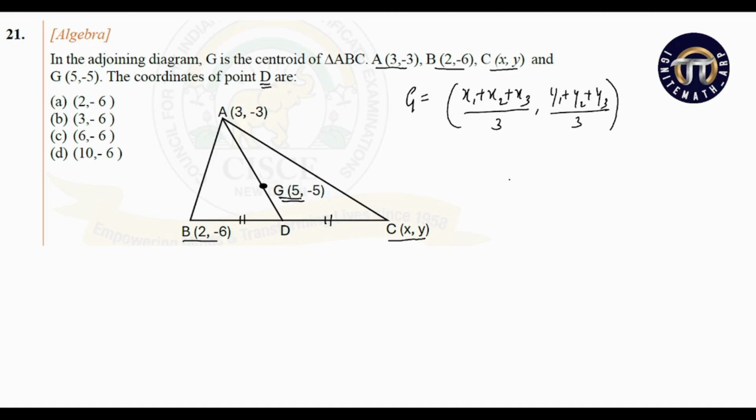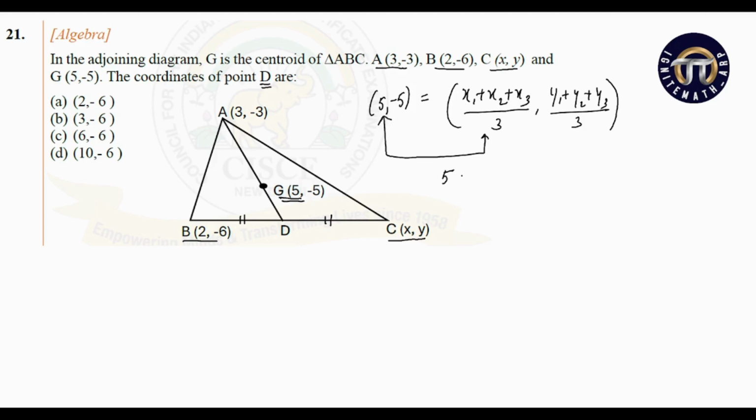But here the coordinate of the centroid is already given. So I'll just replace this G with the centroid they have given, that is 5 comma minus 5. Now I'll equate the x coordinate to x coordinate, then y coordinate to y coordinate.